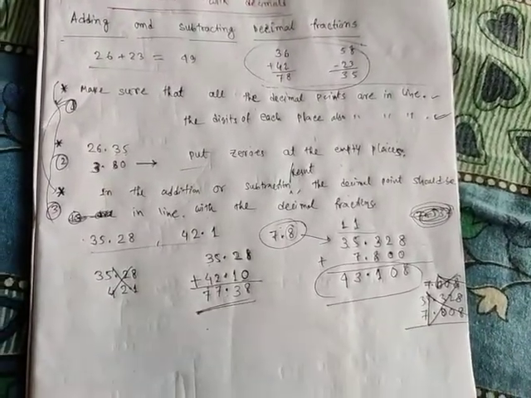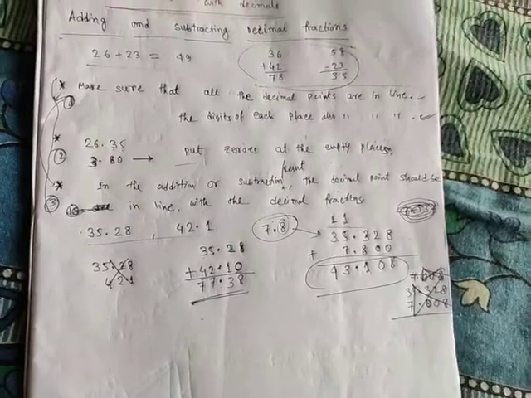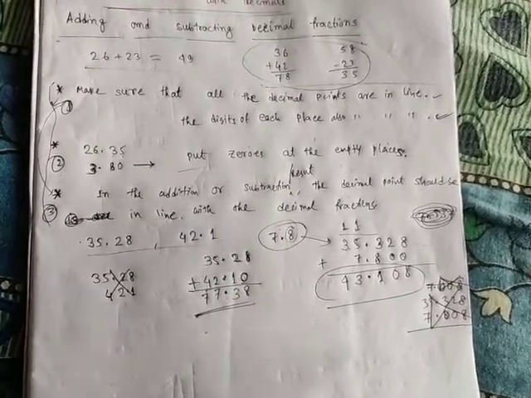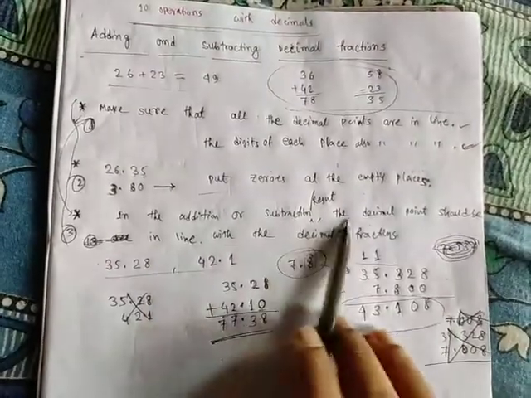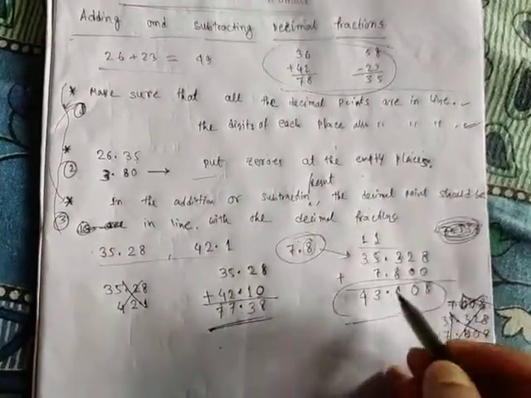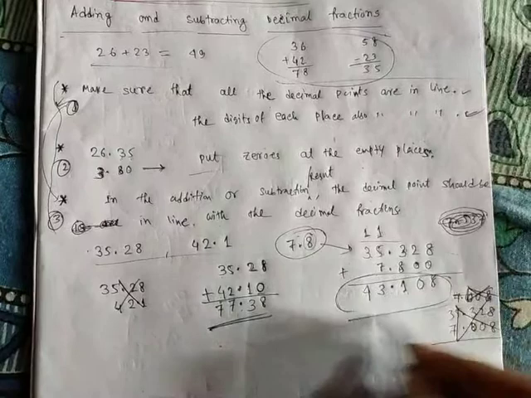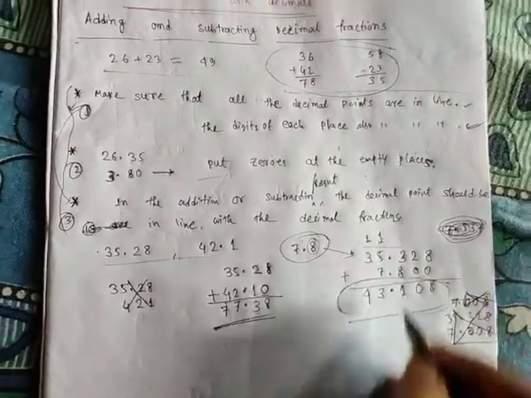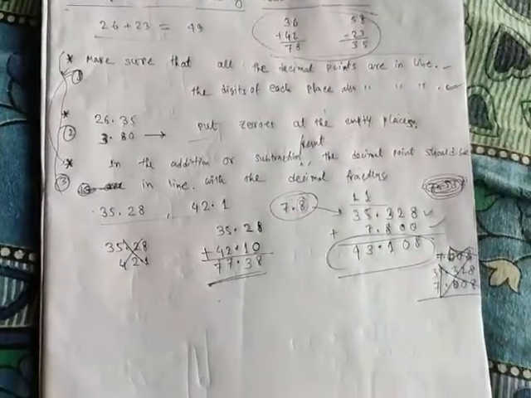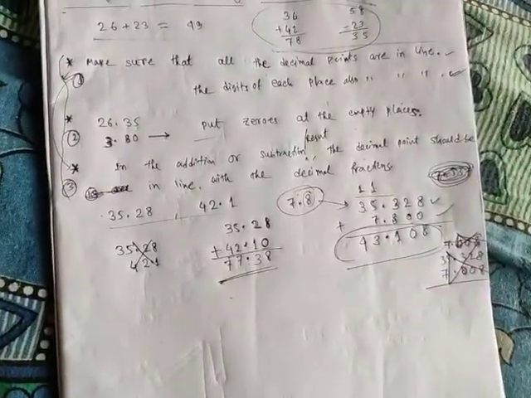But if you write it in your copy, then it will be easier for you. That's why I am telling you to write the zeros. Next, in the addition or subtraction, the decimal point in the result also should be in line with the decimal fractions.